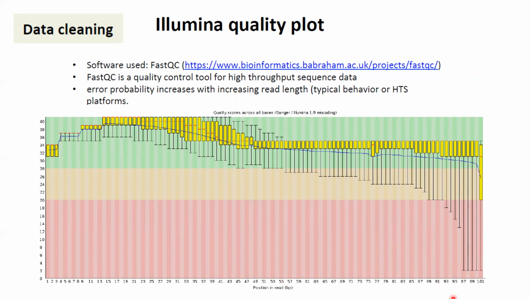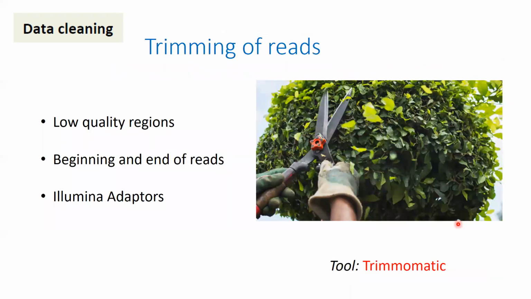Typically, we get rid of those before we proceed with the rest of the analysis. That is called trimming. So trimming is a bioinformatic step which we use to get rid of those reads or parts of reads about which we are not really confident. The tool you will be using in the tutorial is called Trimmomatic.